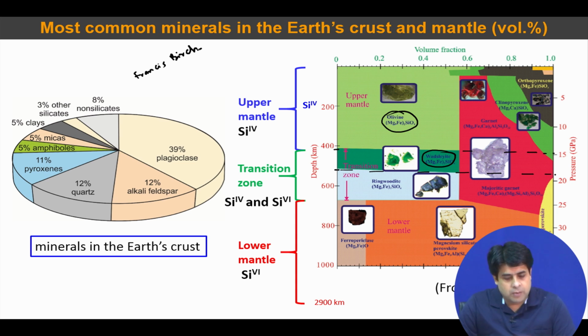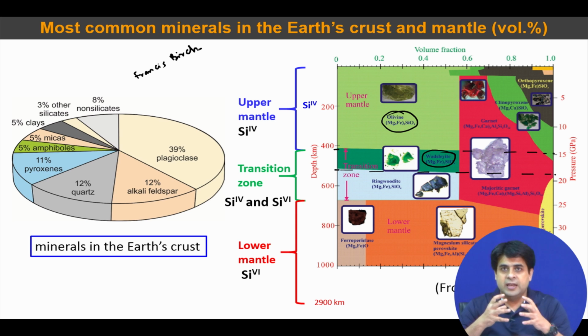In the 1950s he was trying to understand how the density changes inside the earth. At that time a lot of seismological data was generated, and we have real density data which varies with depth in the earth.